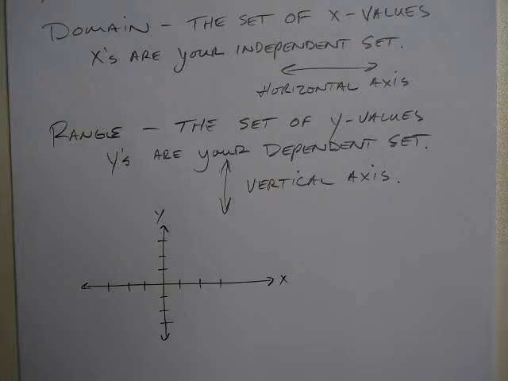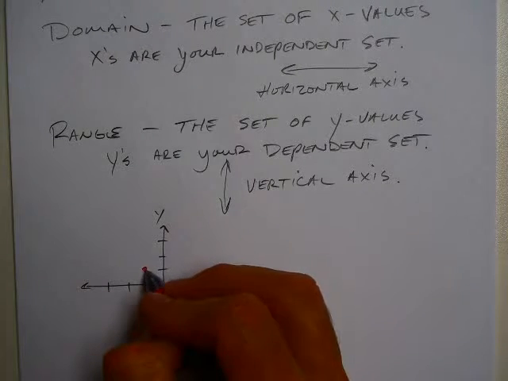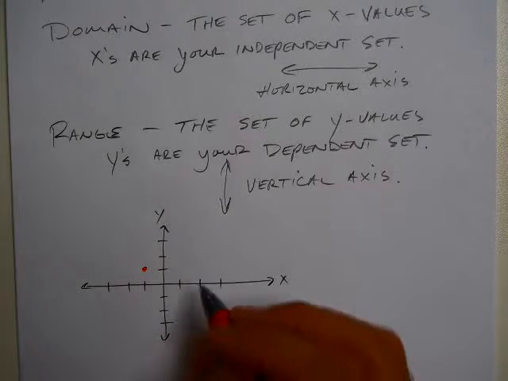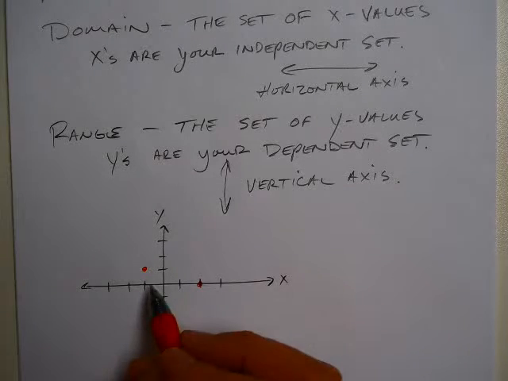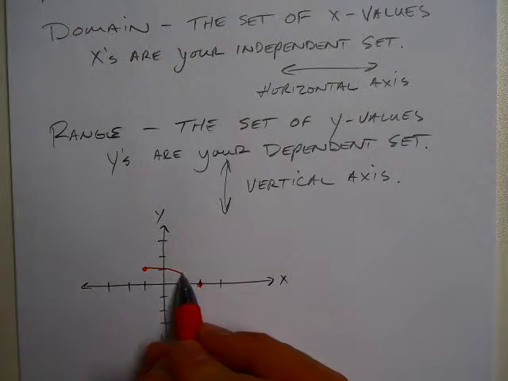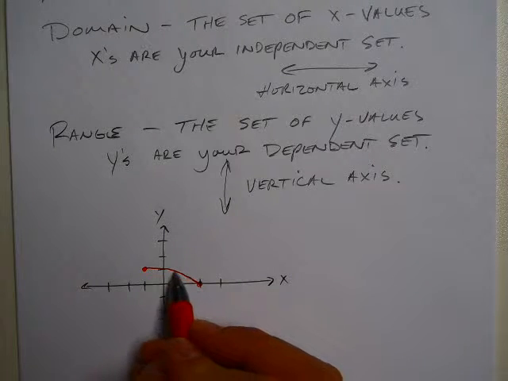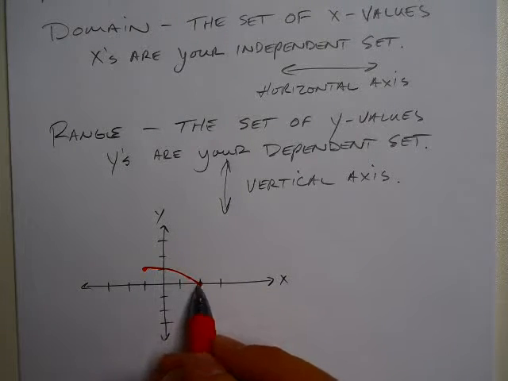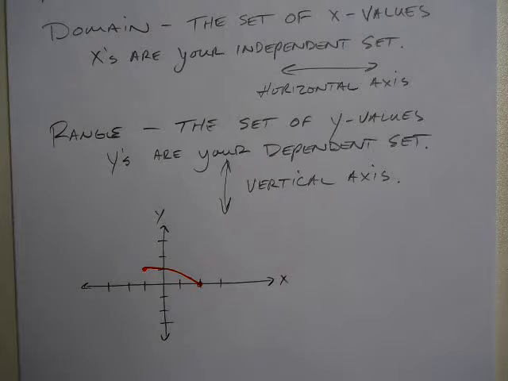And let's say I have a graph that starts here and ends here, and it's connected in some sort of weird curve, perhaps. What is the domain of this graph? What are the x values that exist in this graph?